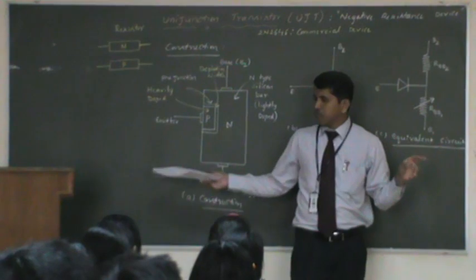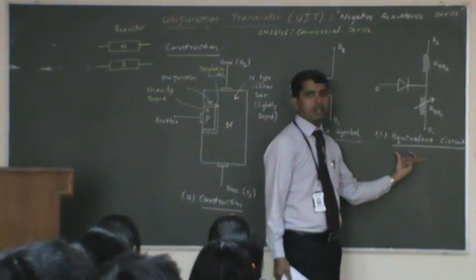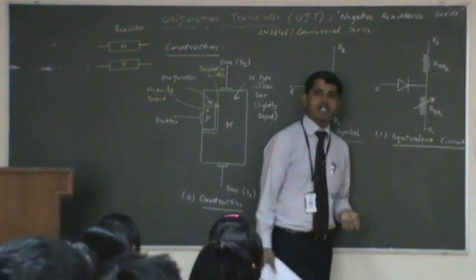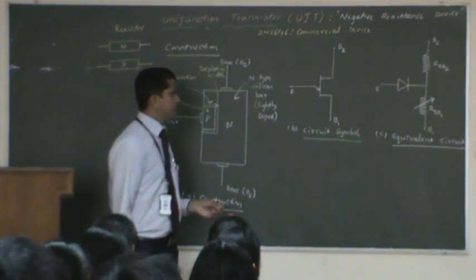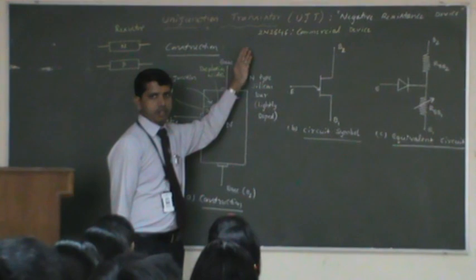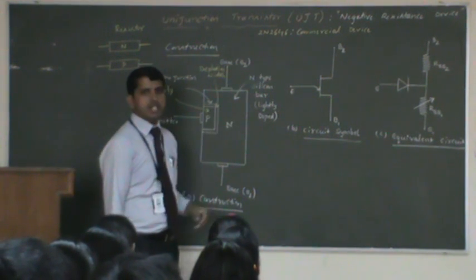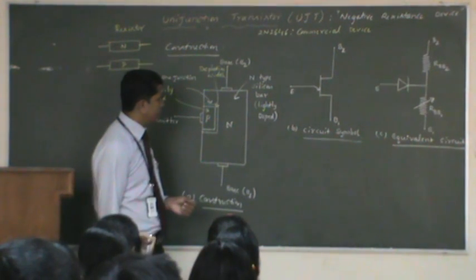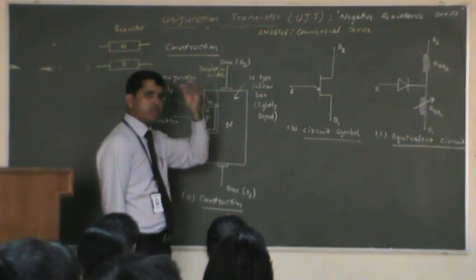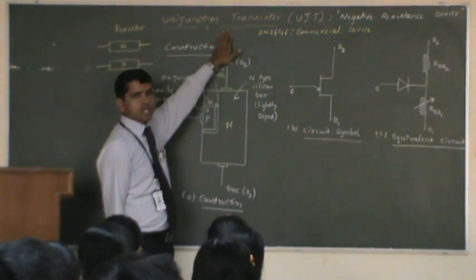So based on the device construction, this equivalent circuit has been drawn. And if you understand the equivalent circuit properly, it's very easy to understand the characteristics of the unijunction transistor. The unijunction transistor has numerous applications. We will discuss them one by one. At least in our class today we discuss one application, where it can be used as an oscillator.